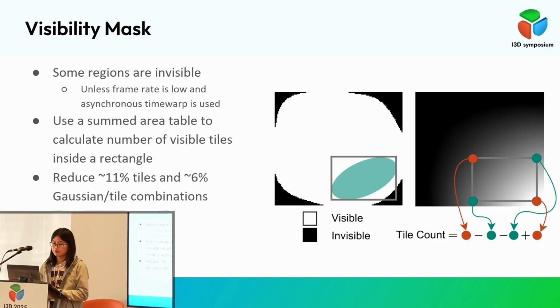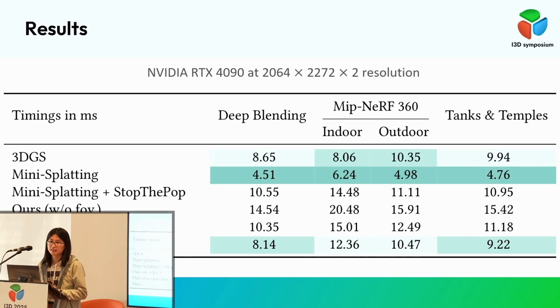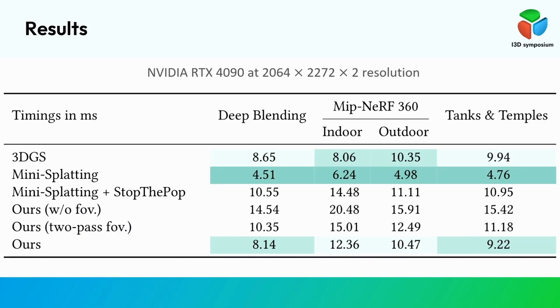And the visibility mask reduces about 11% of tiles and 6% of Gaussian-tile combinations. And finally, we present our performance on an RTX 4090 at about 2K by 2K per eye resolution. You can see here, 3D Gaussian splatting is good in terms of performance, but it has severe visual artifacts.